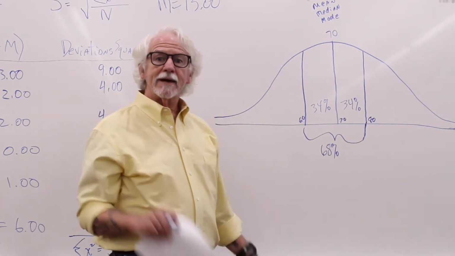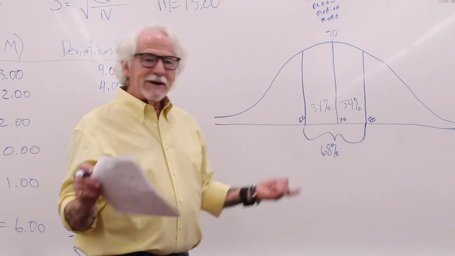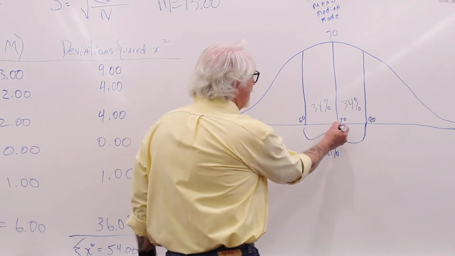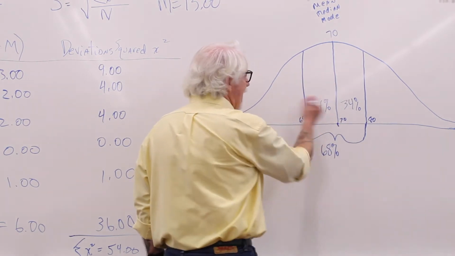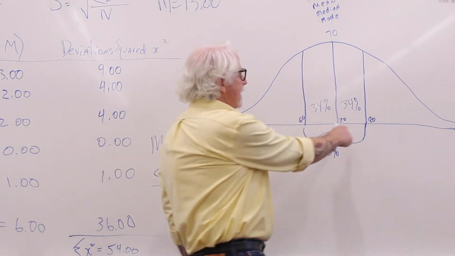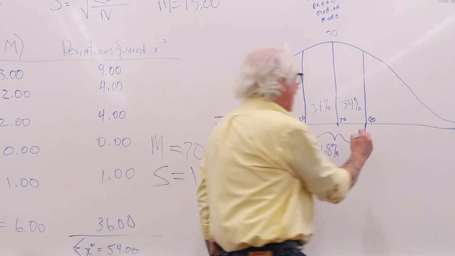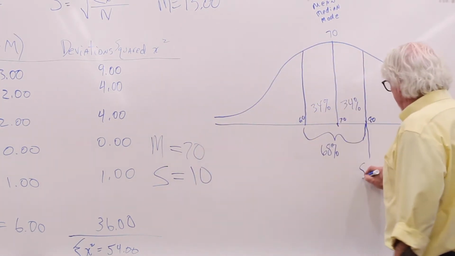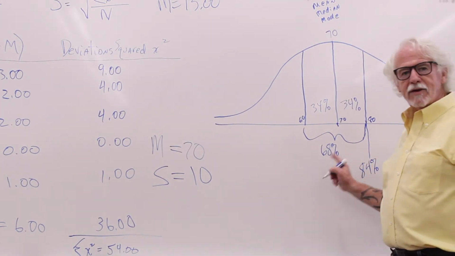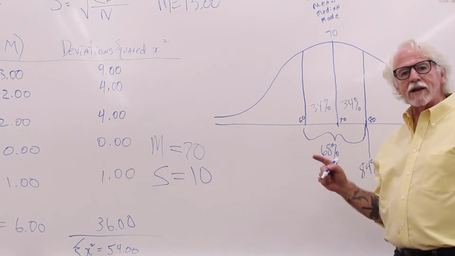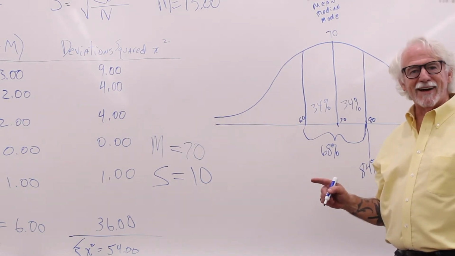If I ask you that question now, you're like, wait a second. But it's simple. We know right here is 50% of the people. This half is 50%, and now I have 34 more percent. So 84% of the people scored 80 or below. So if you got a score of 80, you're in the 84th percentile.